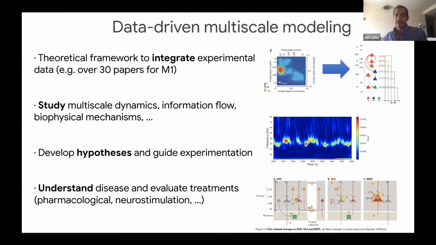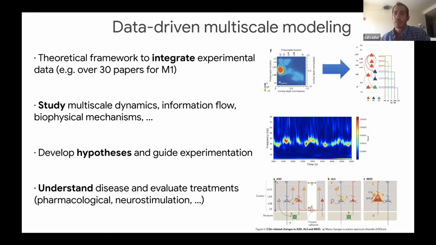Finally, as a summary slide, the idea of this multiscale modeling is to integrate all the experimental data that's been generated over the last years, in order to study multiscale dynamics in these circuits, information flow, and the underlying biophysical mechanisms, and eventually develop hypotheses that can guide experimentation.